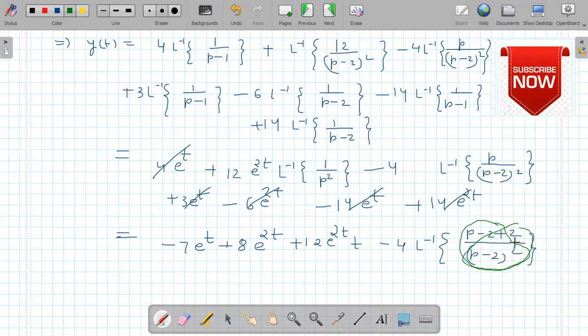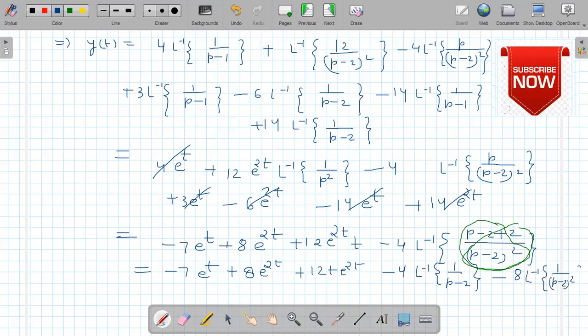We separate them, so we write plus 8e^(2t) plus 12te^(2t), minus 4 Laplace inverse of (p minus 2) upon (p minus 2) whole square, so that is p minus 2, minus 8 into Laplace inverse of 1 upon (p minus 2) whole square.